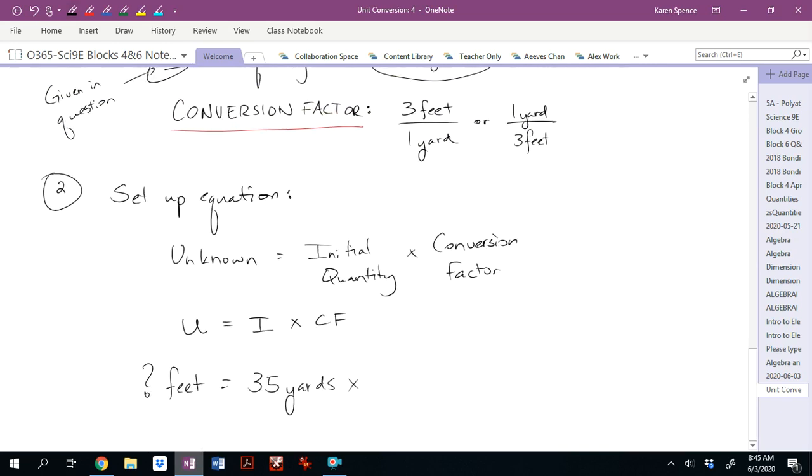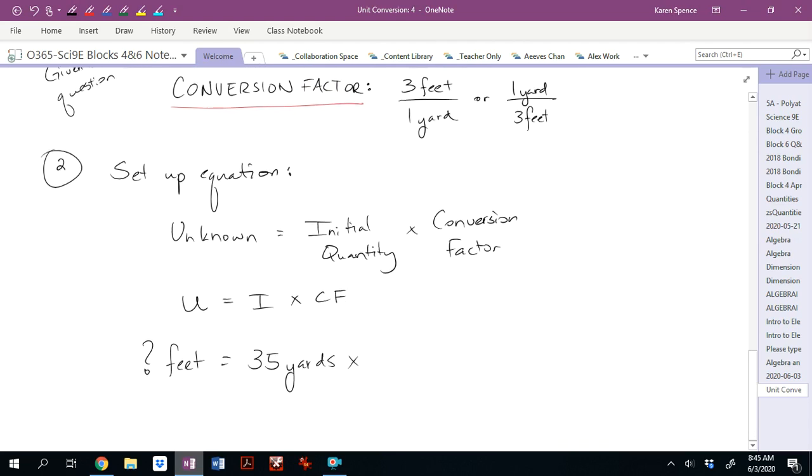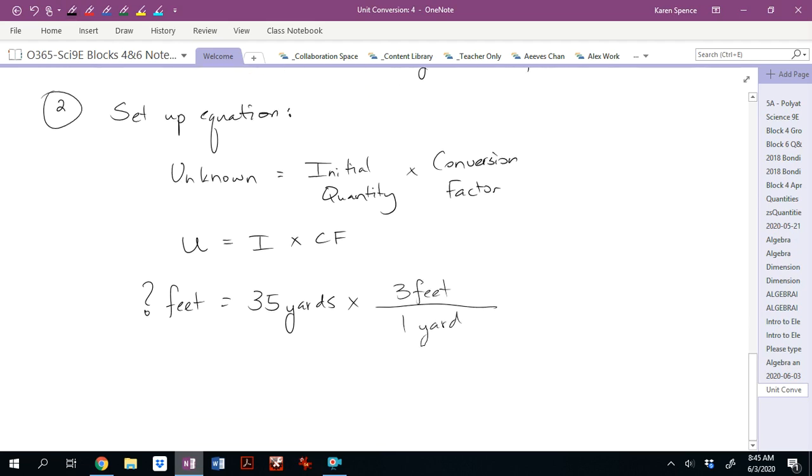And now we're going to multiply it by a conversion factor. And you get to choose. Are we going to do it like this? 3 feet over 1 yard. Or are we going to do it like this? Our unknown number of feet is equal to our initial quantity, 35 yards, times a conversion factor.